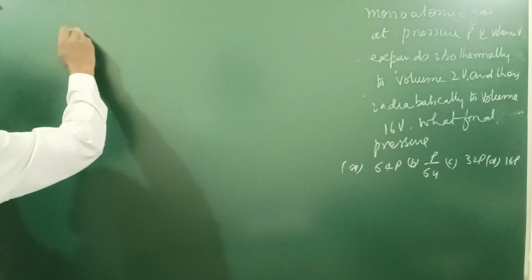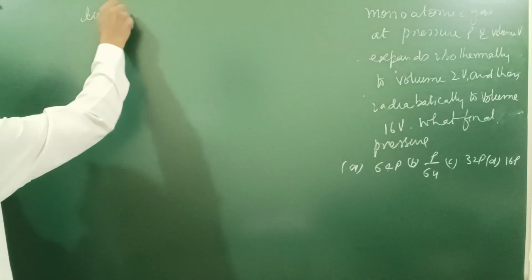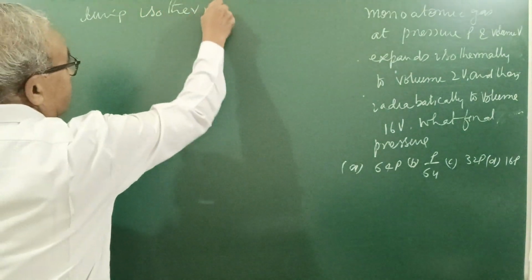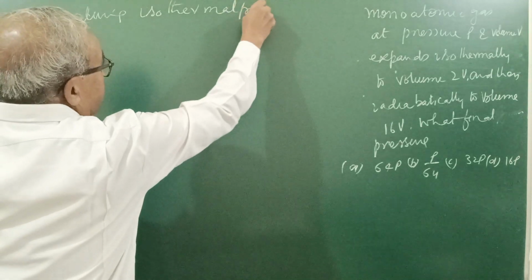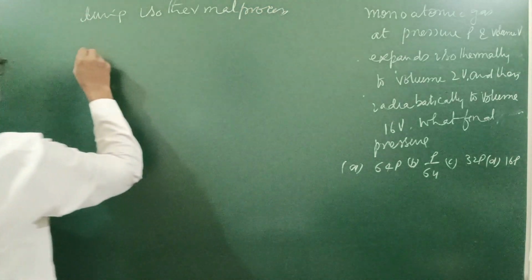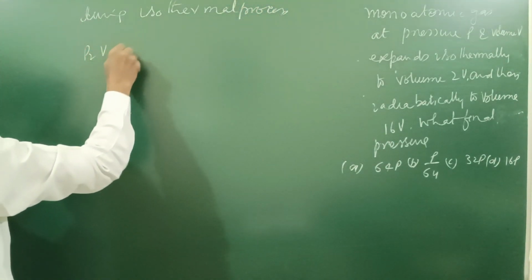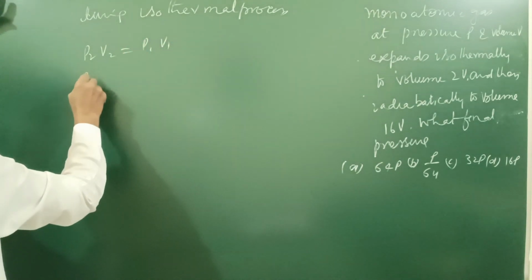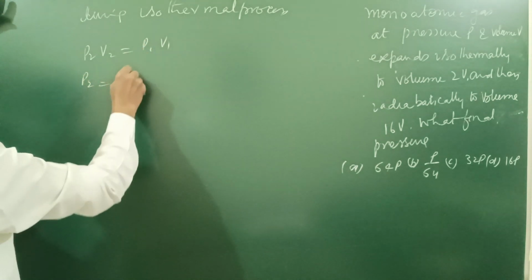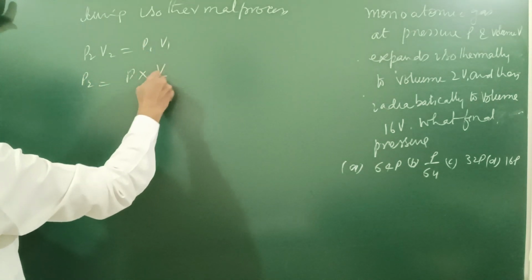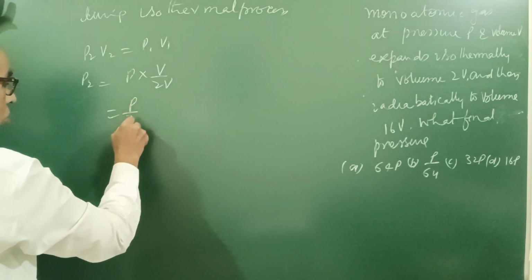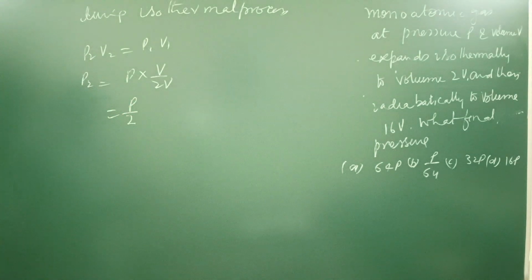During the isothermal process, P2V2 equals P1V1, and P1 is P, V1 is V and V2 is 2V, so pressure P2 becomes P by 2.